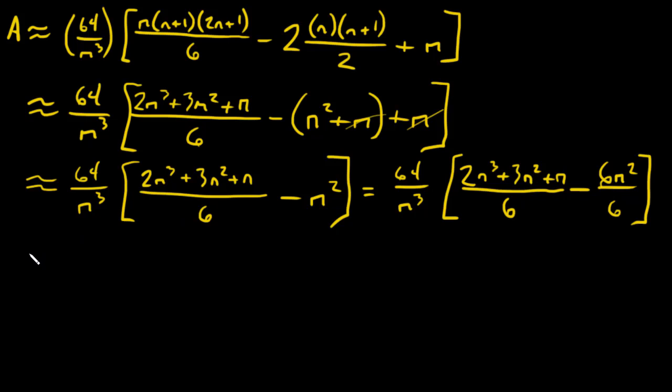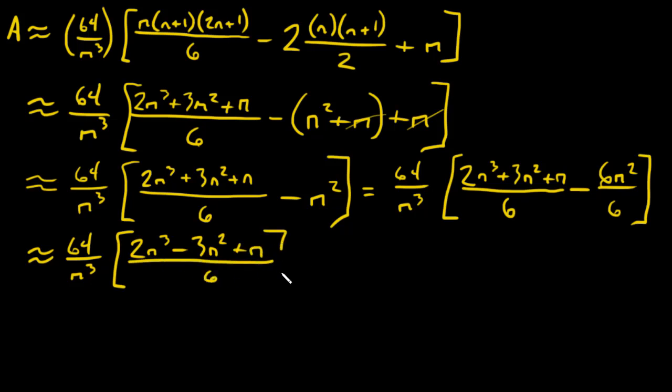So this is approximately 64 over n cubed, and then I'm going to have 3n squared minus 6n squared, so it's going to wind up being 2n cubed minus 3n squared plus n over 6. Almost there. So that can become a 3, and that's a 32.